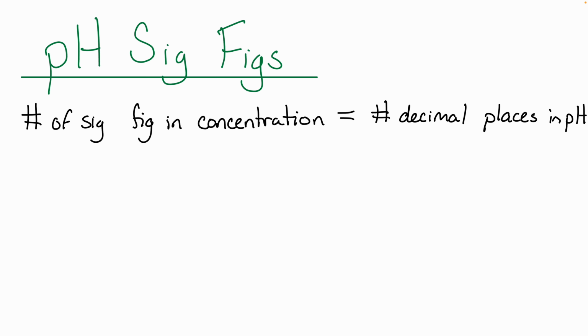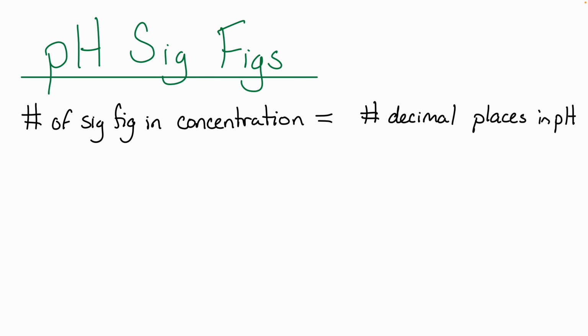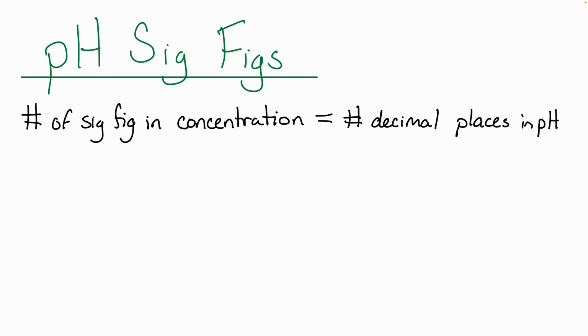Similar to multiplication, you're going to be counting sig figs in one of your inputs, your only input. But this is not going to correspond to the number of sig figs in your answer. It is going to correspond to the number of decimal places.